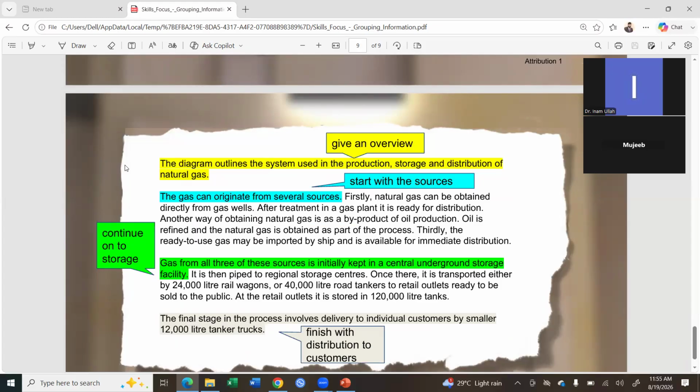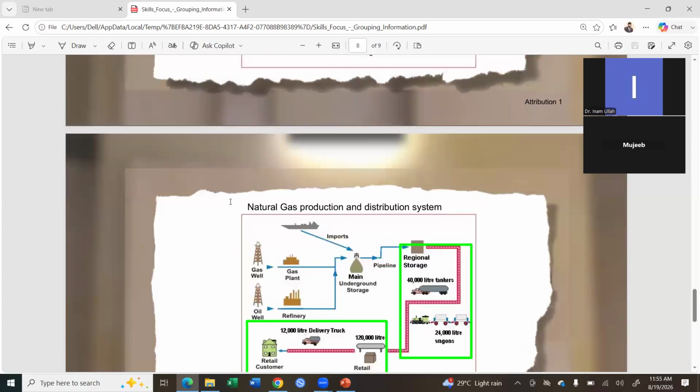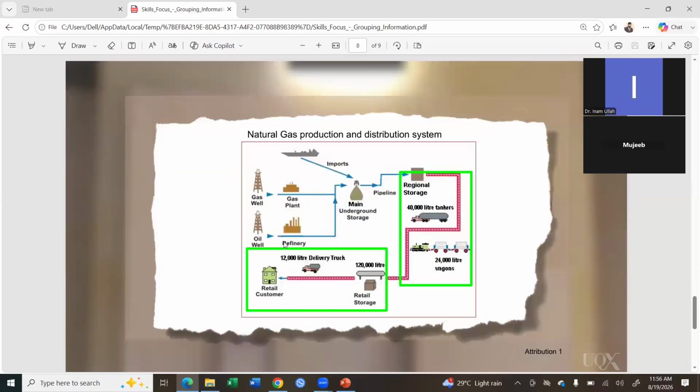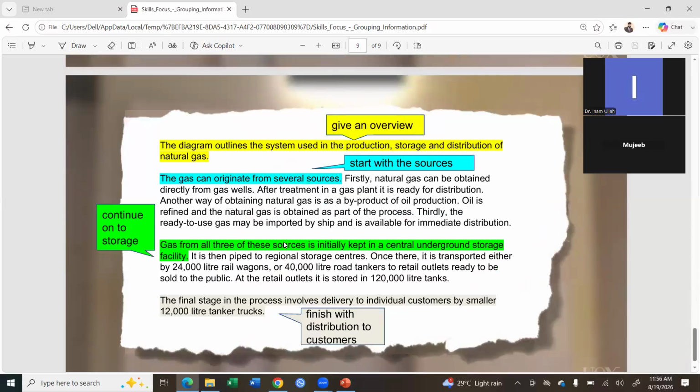Thirdly, the ready-to-use gas may be imported by ship and is available for immediate distribution. Have you got it? Yes, sir. We have got 3 sources, so all the 3 sources have been described in this, right? That the gas can originate from several sources, right? And then we have firstly, secondly, and thirdly. So we have got 3 sources and they are being discussed in detail here, right?